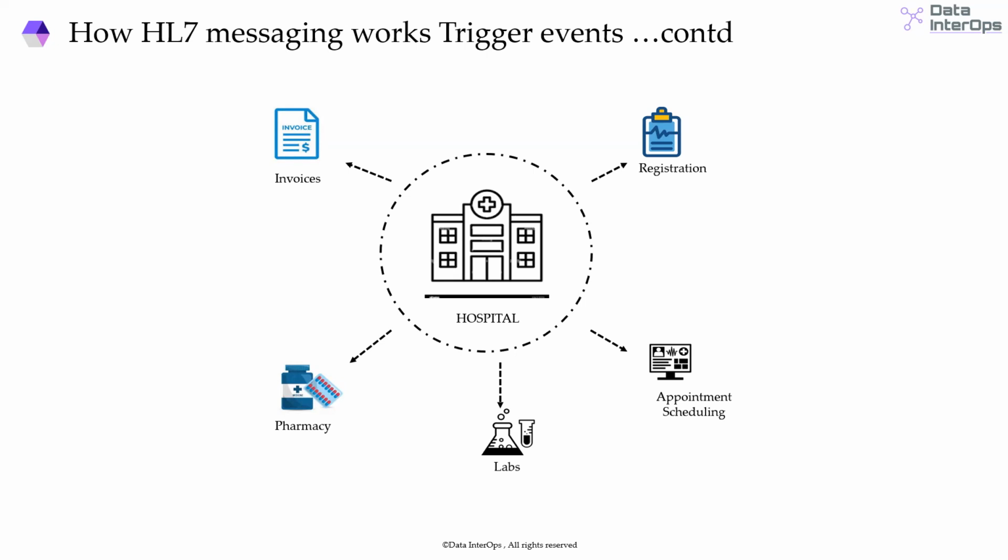Ordering labs or receiving results is another type of category. Then you have pharmacy related transactions, and then you have invoices where claims and all will be generated and will be sent over to the insurance companies. So these are five variety of categories that we have.